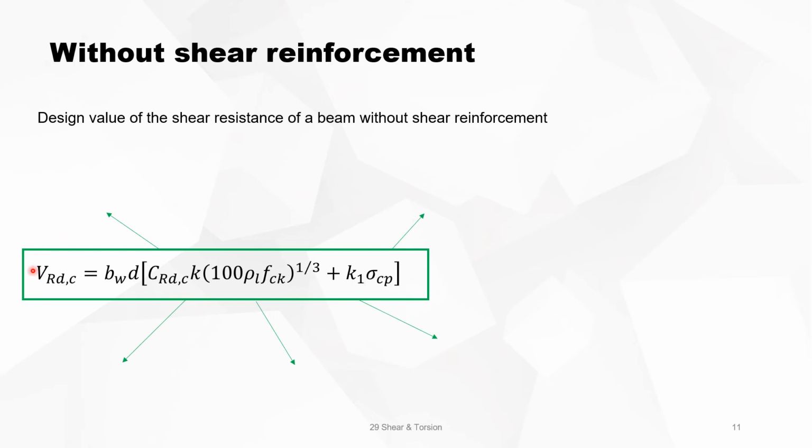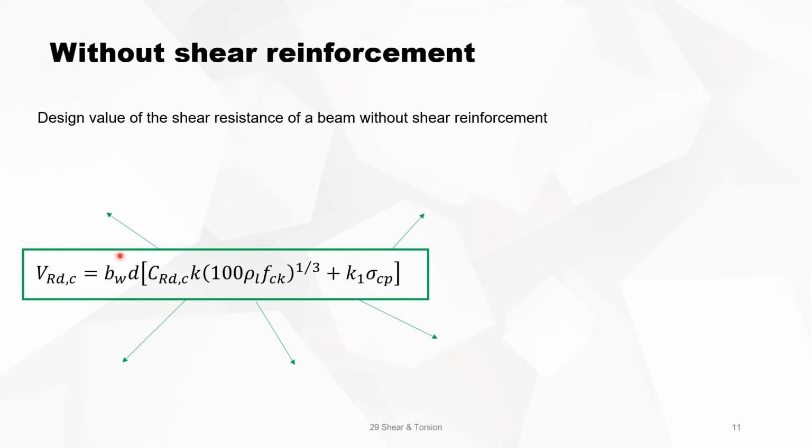Experimentally, we have arrived at the following formula. This is the design value of the shear resistance of a beam without shear reinforcement. The C is for concrete. So it's the resistance to shear without shear reinforcement.